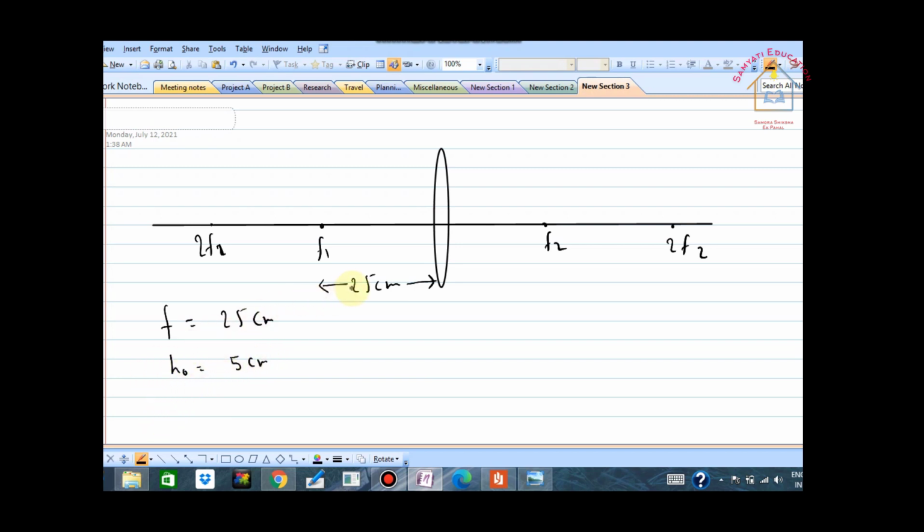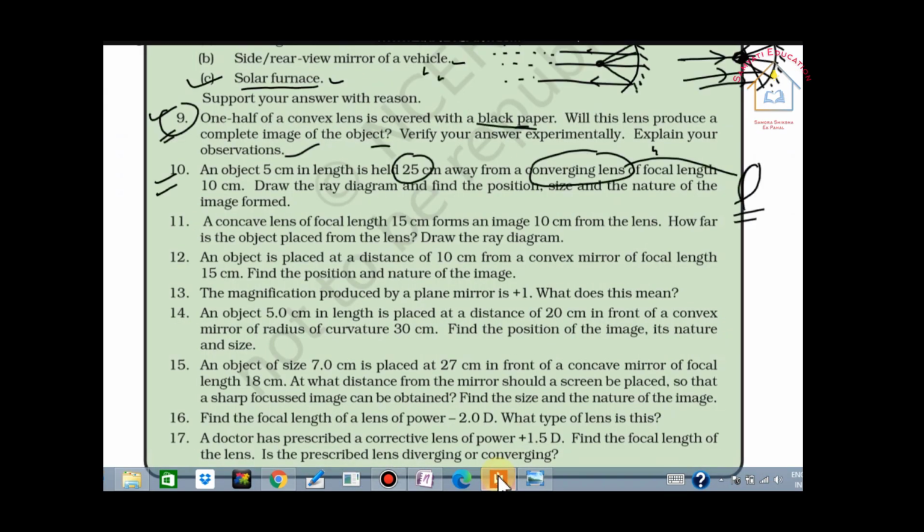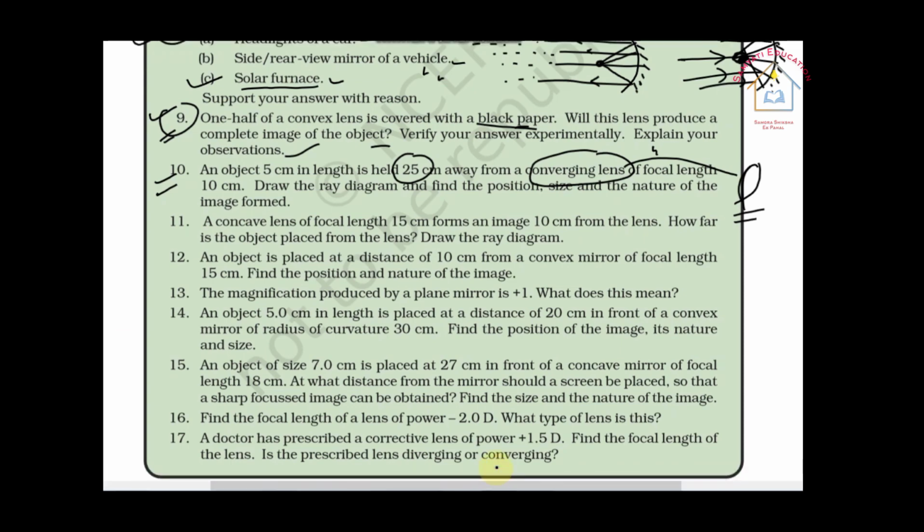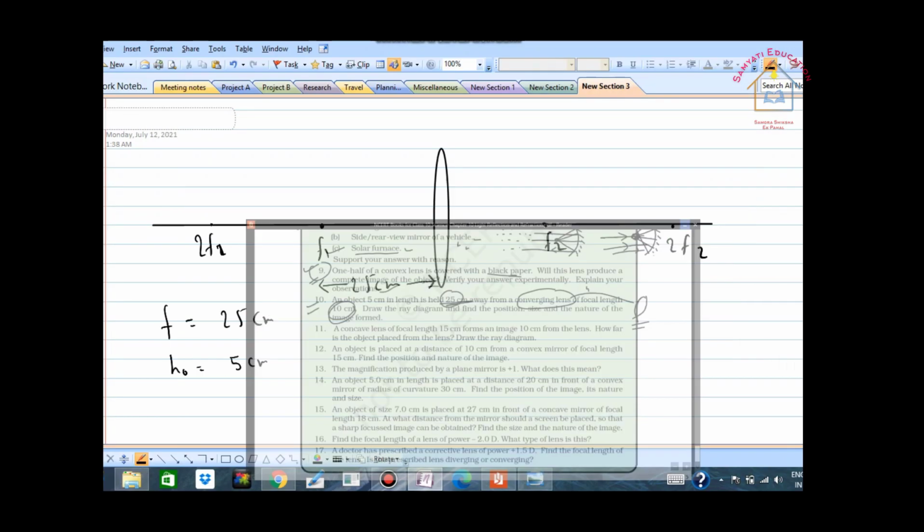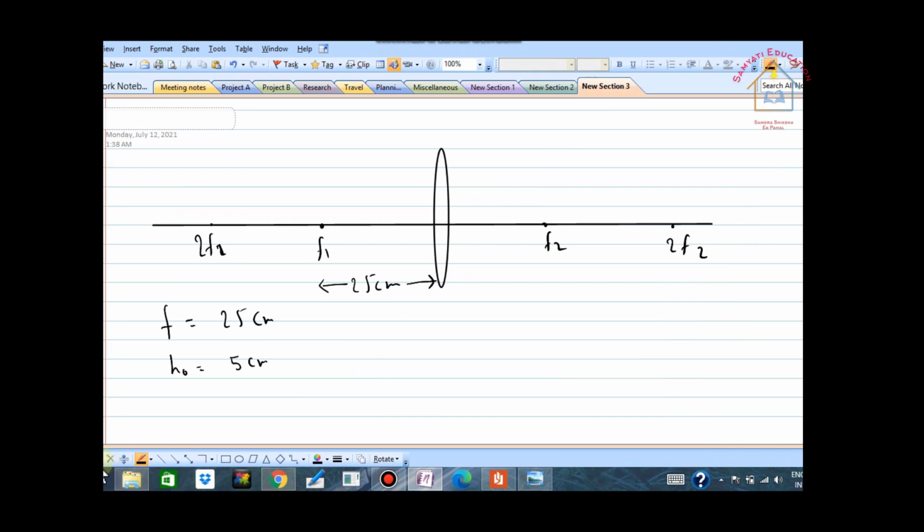Sorry, focal length, here is focal length. We will check focal length. Focal length is 10 centimeter, and distance of object is 25 centimeter. Focal length is 10 centimeter. Sorry for this.